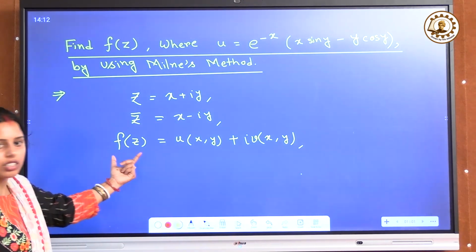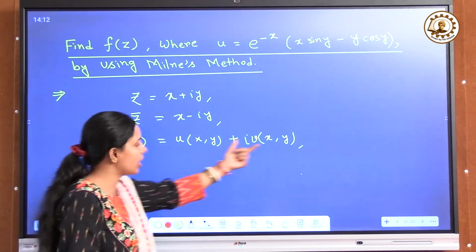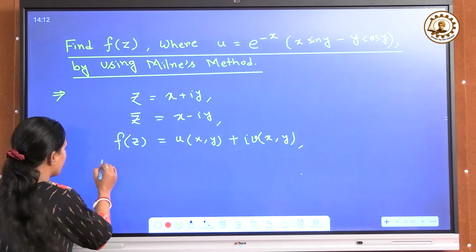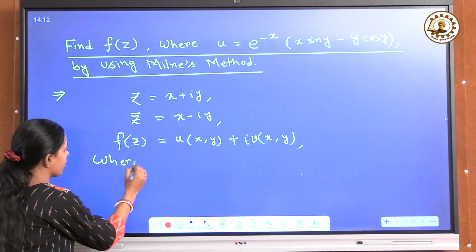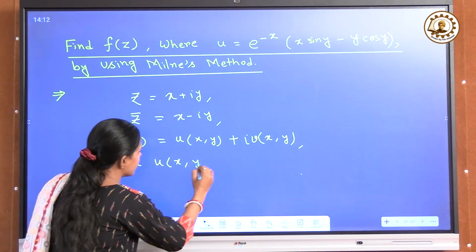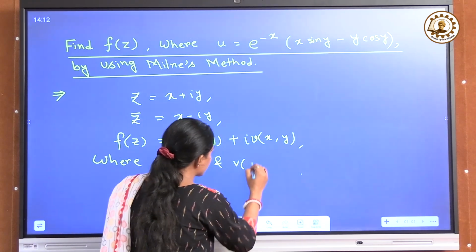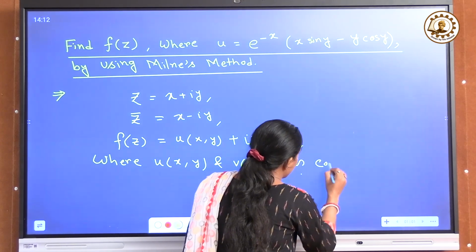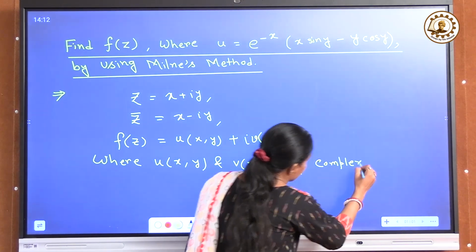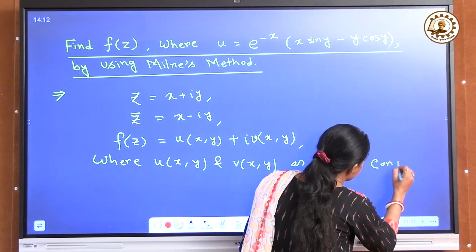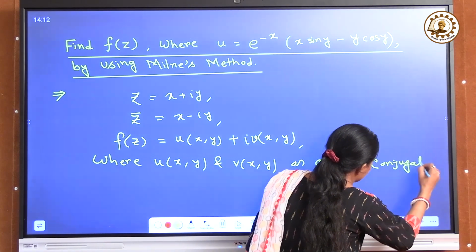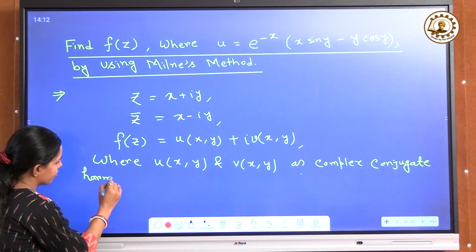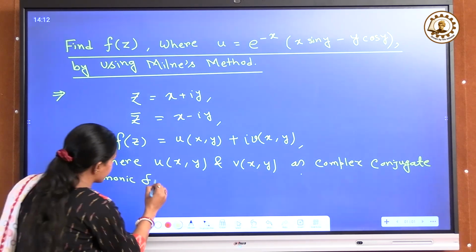Now here f of z is an analytic function, but here u(x,y) and v(x,y) are complex conjugate harmonic functions.